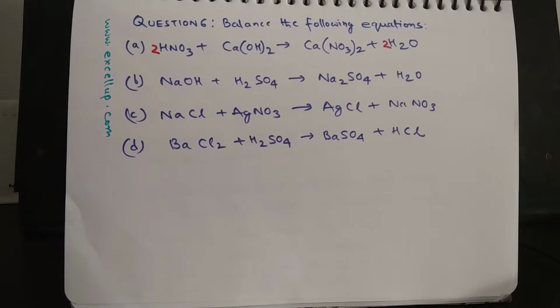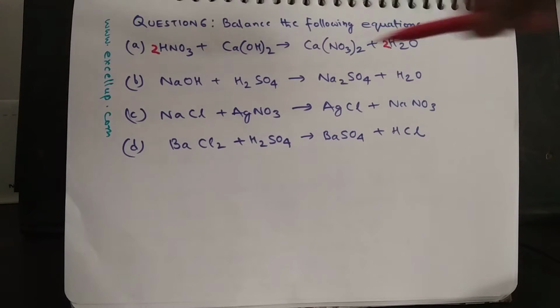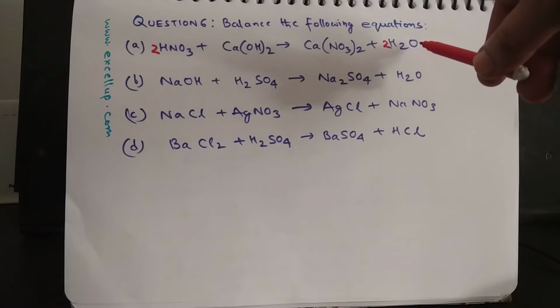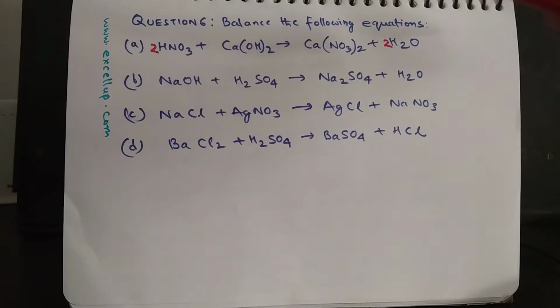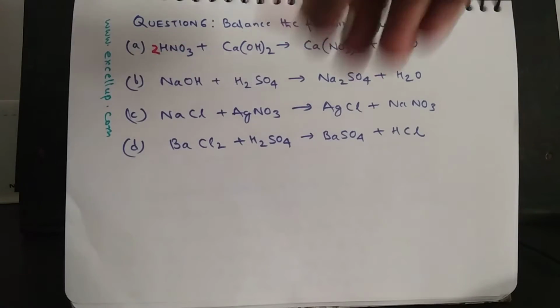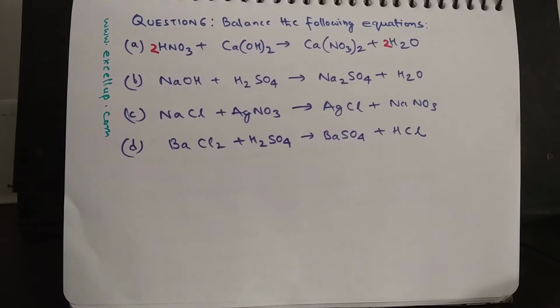Now what is the case of oxygen? We will forget nitrate because we have already balanced this. The number of oxygen is 2 here and 2 in this case. So, oxygen is balanced, calcium balanced. Now this is a balanced chemical equation: 2HNO3 plus Ca(OH)2 is equal to Ca(NO3)2 plus 2H2O.